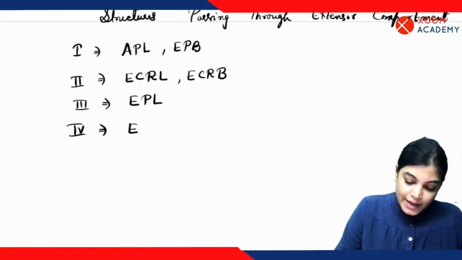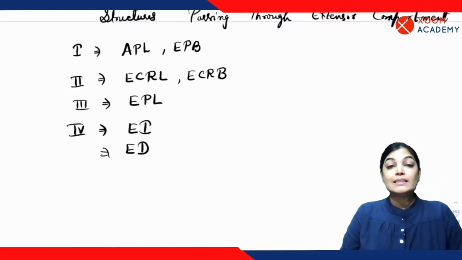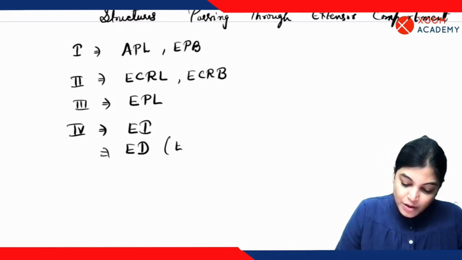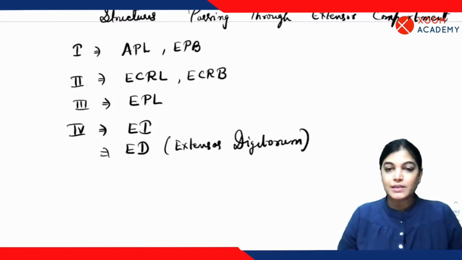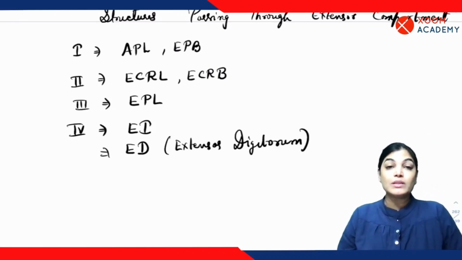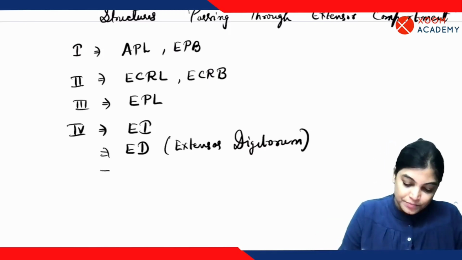The structures are extensor indicis and extensor digitorum. Here extensor digitorum, actually it is ED for extensor digitorum, means for the lateral 4 tendons, for the medial 4 fingers. Extensor indicis is for the index finger.